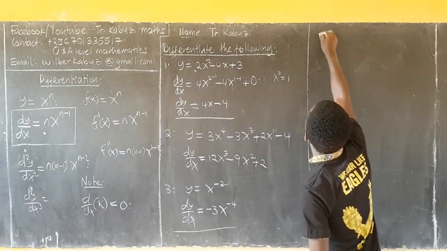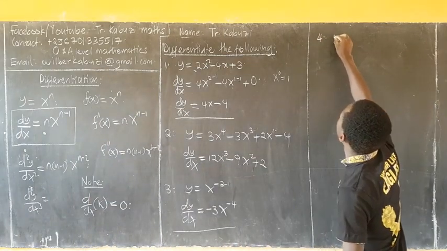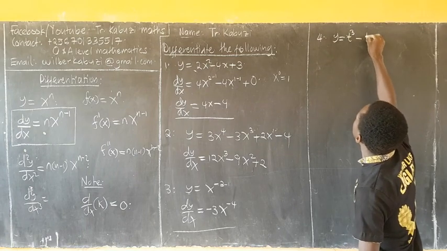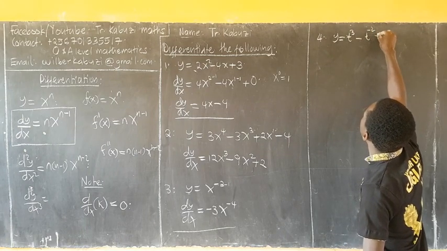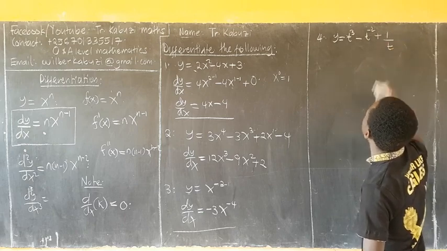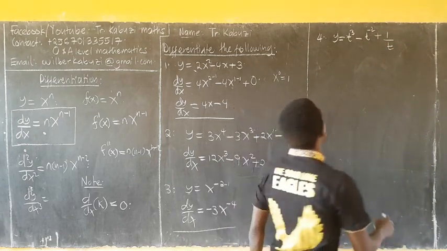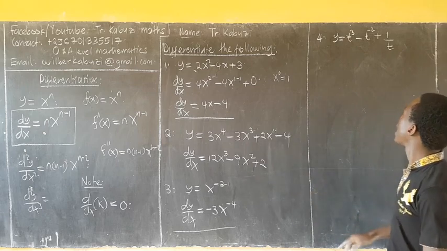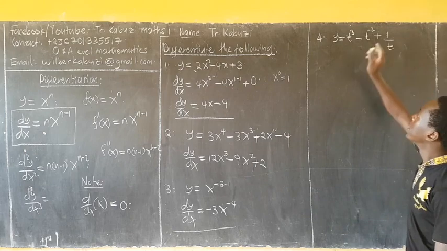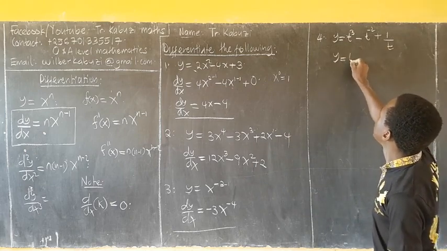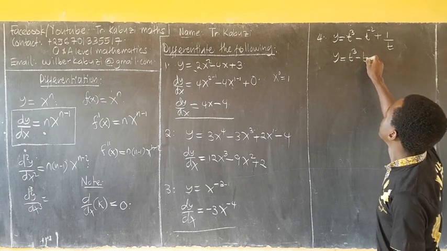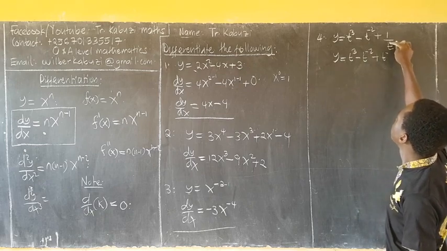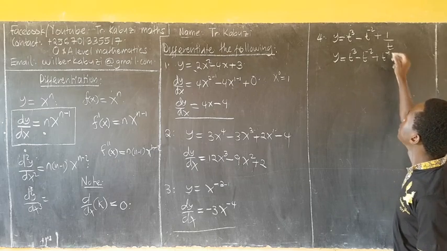Now, in number 4, I'm going to have y equals t cubed minus t power negative 2 plus 1 over t. To differentiate, all our functions should be in the numerator, so I start by taking this up. So I have y equals t power 3 minus t power negative 2 plus t power negative 1.